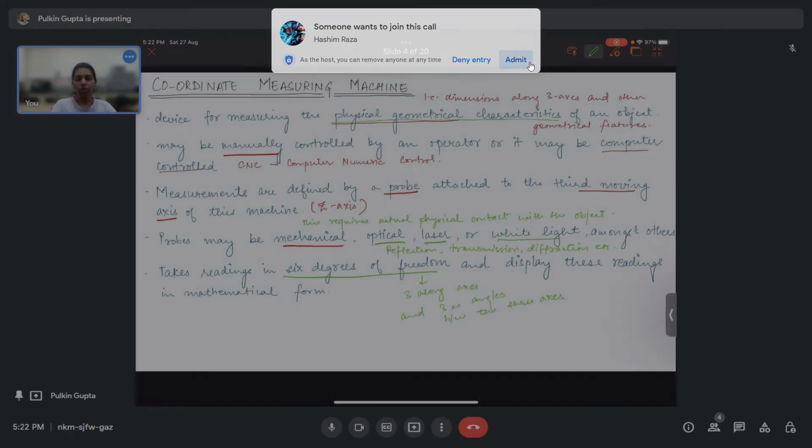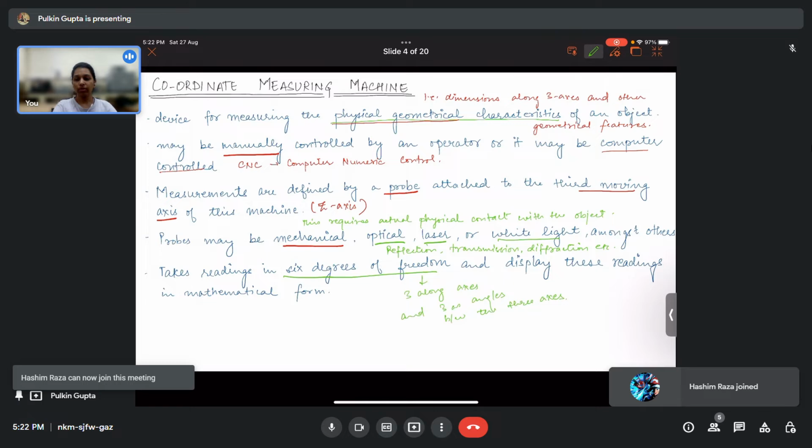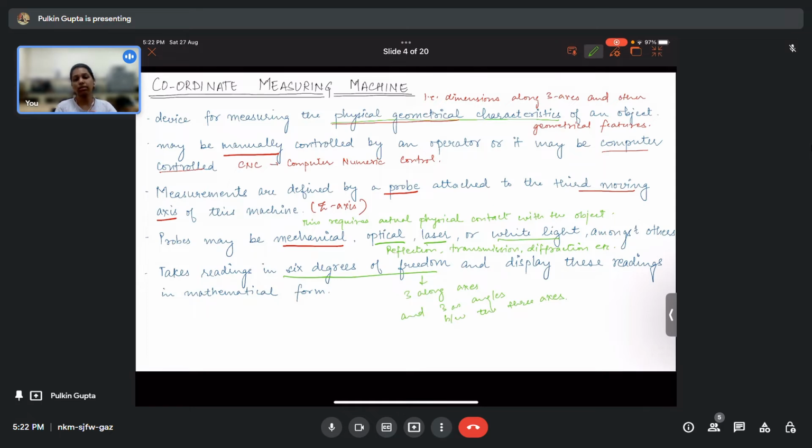So it takes a reading along 3 axes as the 3 freedoms as translations along the x, y, and z axis, and 3 as the angles between these 3 axes as alpha, beta, and gamma.